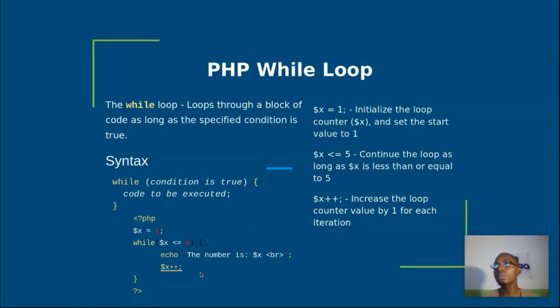So just to explain this code, you see that at this point x equal to 1 initializes the loop counter to 1, and we have the while statement which checks whether x is less than or equal to 5, right? So each time it goes through this, we check if x is less than or equal to 5. For the first time, it's going to be 1.